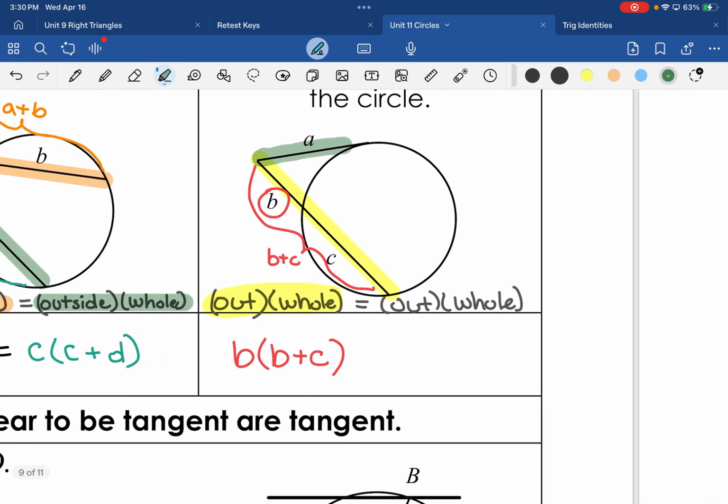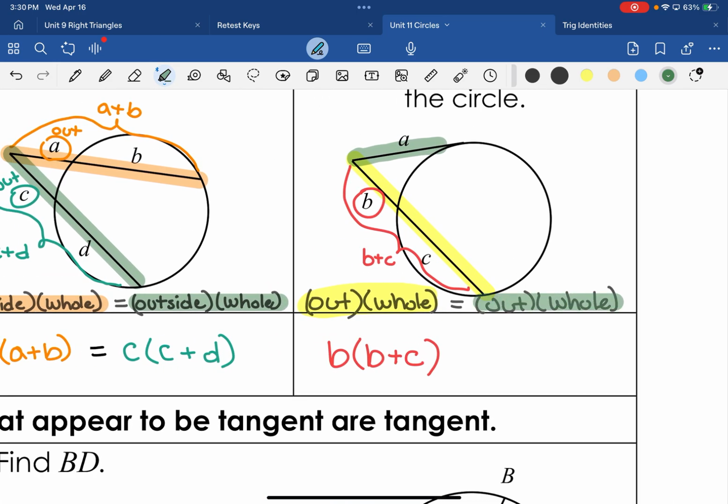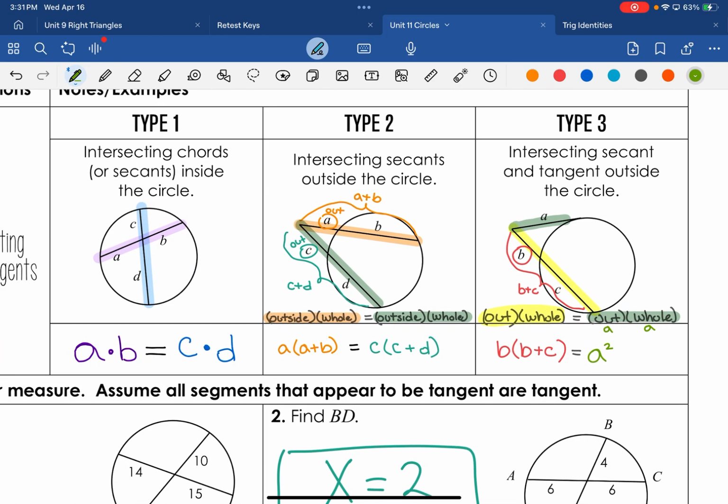So what happens here when I do this, it turns into A squared, because we have the outside is A, the whole is A. So this is equal to A squared, or we could even say tangent squared. Now, this is the relationship right here.